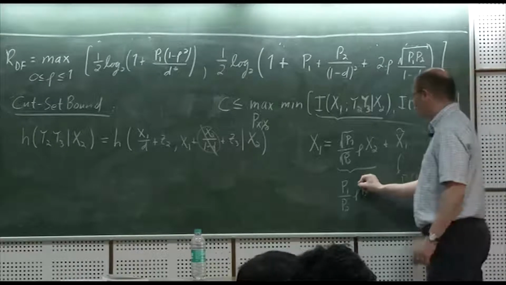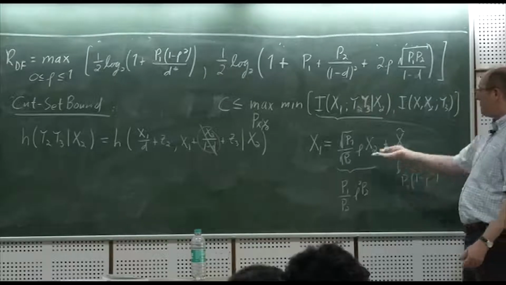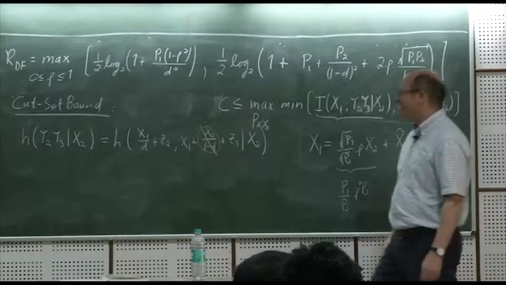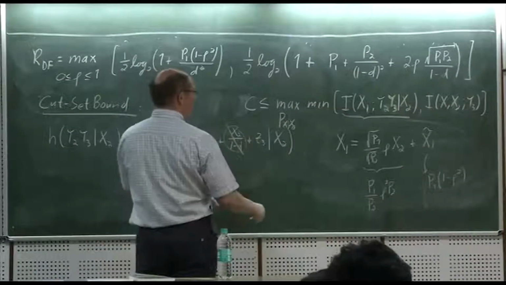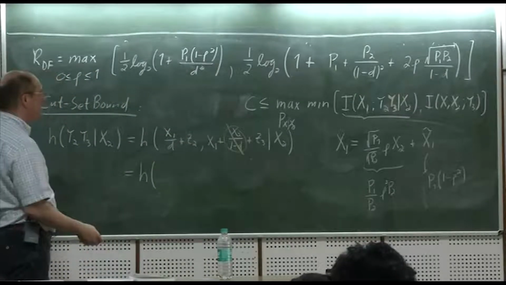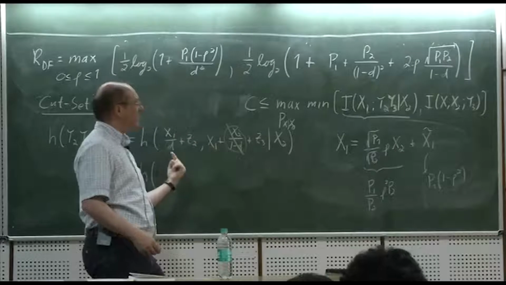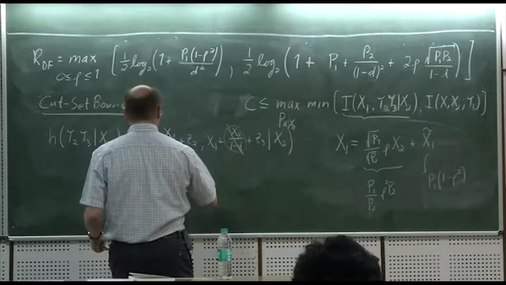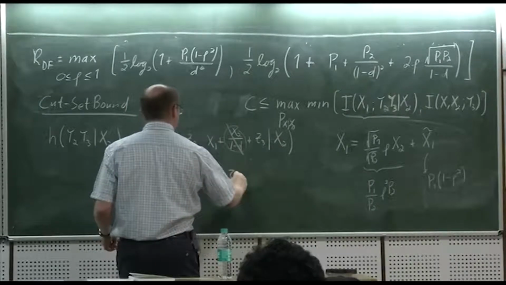Oh, rho squared. Yeah, so the power of this should be p1 rho 1 minus rho squared, right? So let me just use this in here, because then I can cancel off the x2. That's the nice thing. So this, and I get independence. So this thing here just becomes this over d. So the x2 term plus the x1 term, the x2 one I can subtract out, so I'll just get x1 tilde by d plus z2 and x1 tilde plus z3.